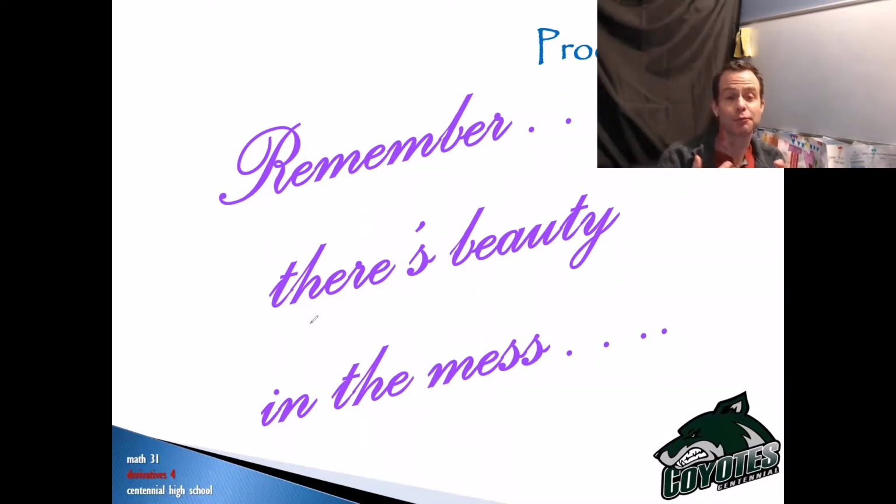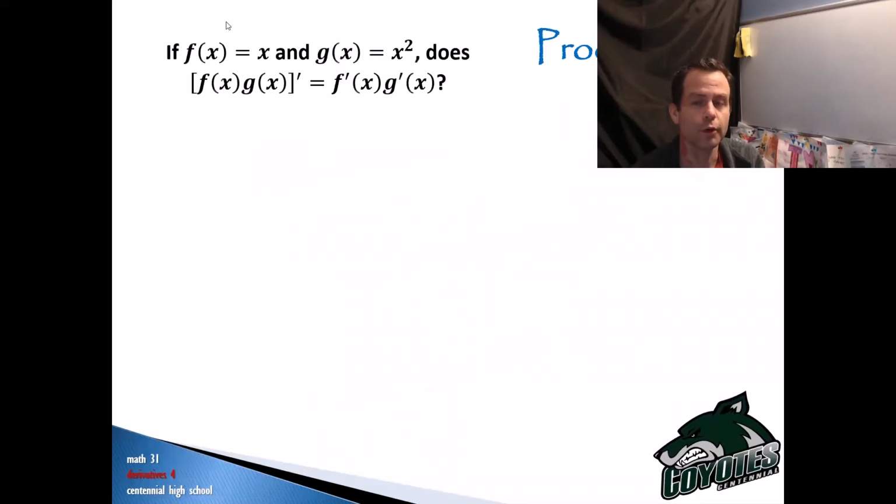Essentially, I just want to derive for you the product rule, okay? And how we're going to do that is we're going to approach this like a proof. So the question that we're asking ourselves is, if f of x is x and g of x is x squared, does the derivative of f of x times g of x equal the derivative of f of x times the derivative of g of x?